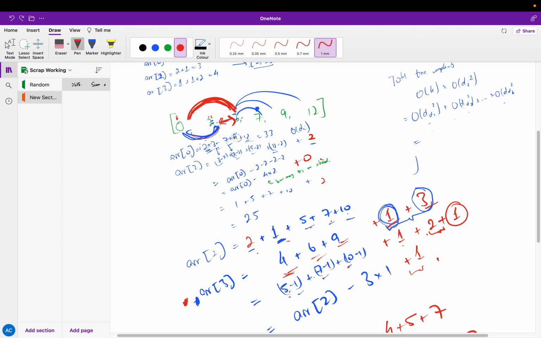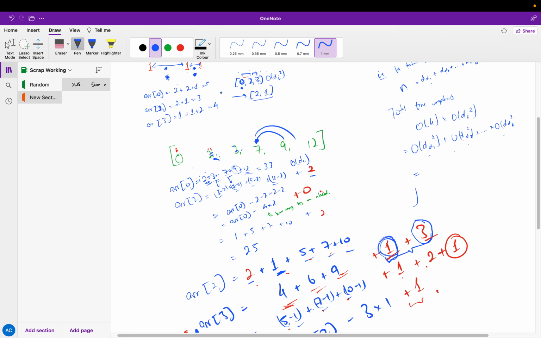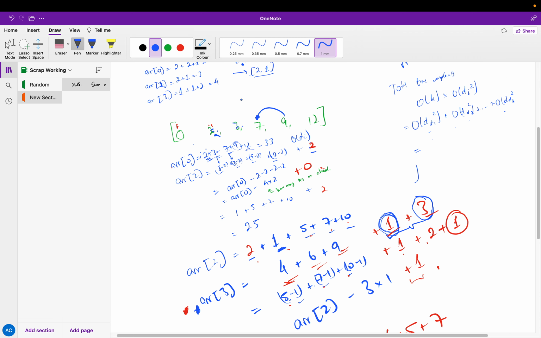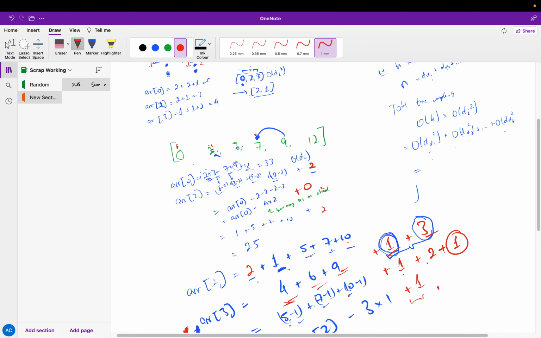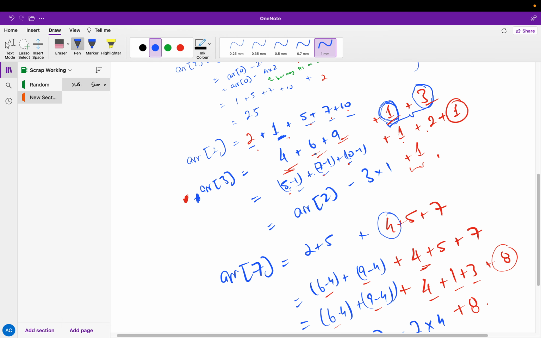Okay, I think if I do one more, it'll make sense. So, looking at index 7, these forwards jumps are the same as these forwards jumps, but minusing off the 4 each time. That's why we have the minus 2 lots of 4. This backwards jump is the same as this forwards jump, which is why the 4 over here matches the 4 over here.